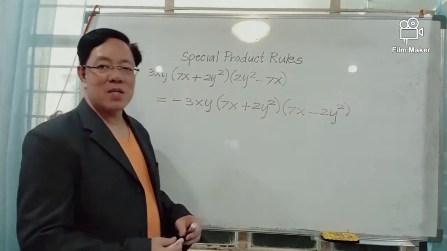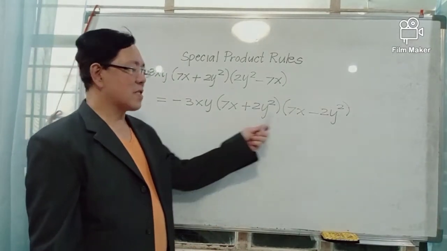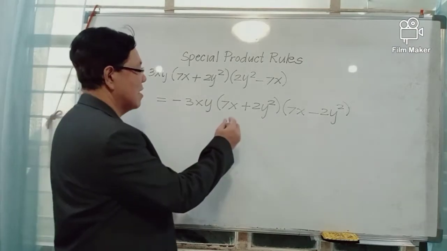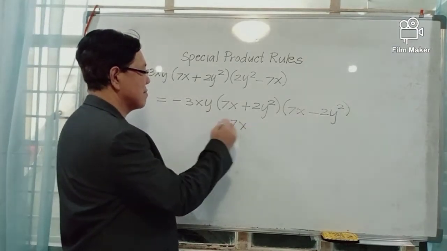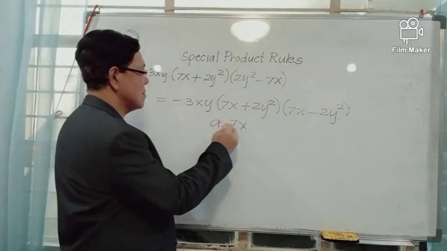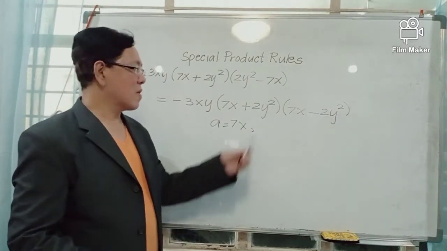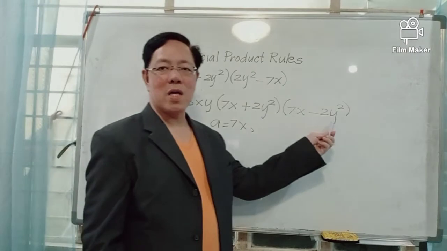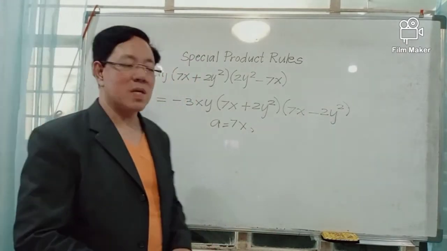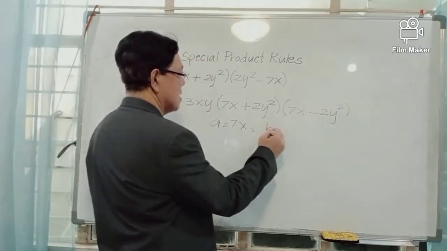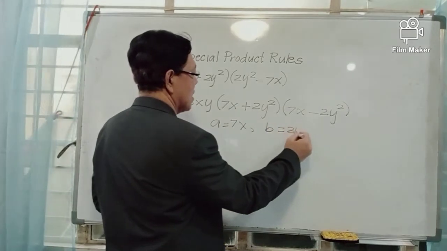By special product rule number 1, the common first term 7x is our A. And the second common term 2y squared is our B. B equals 2y squared.